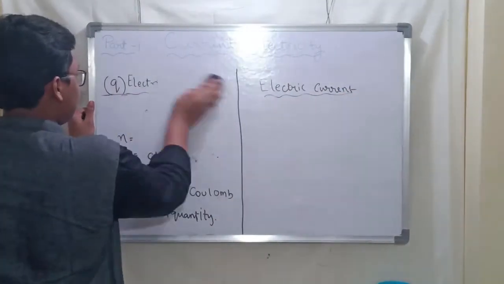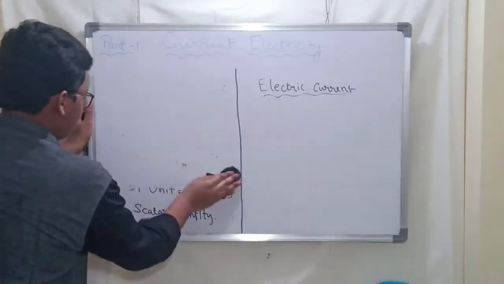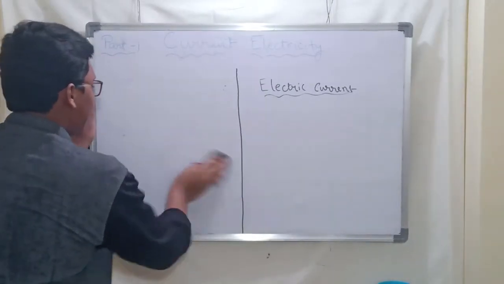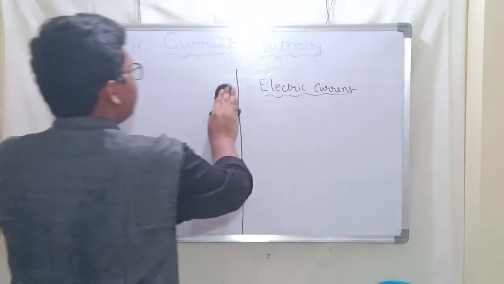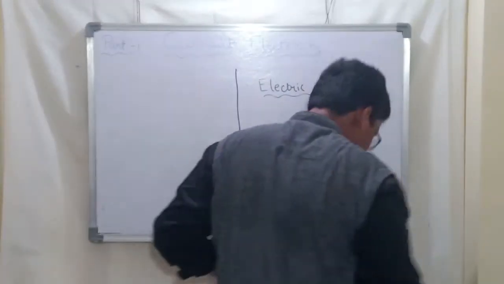I love this part. Electric current is denoted by I. In our minds we think, what is current?